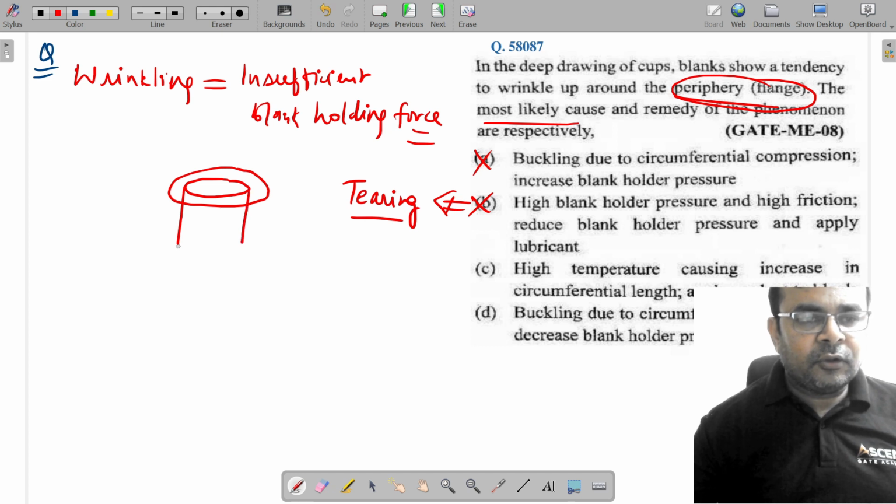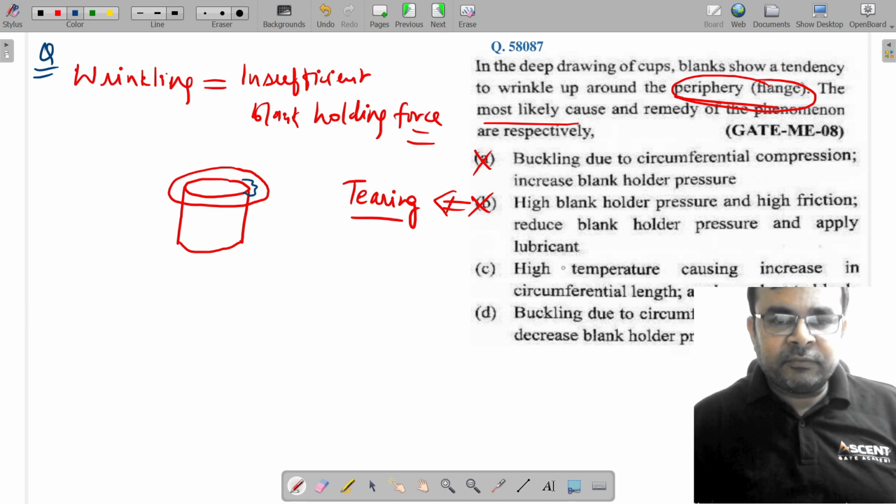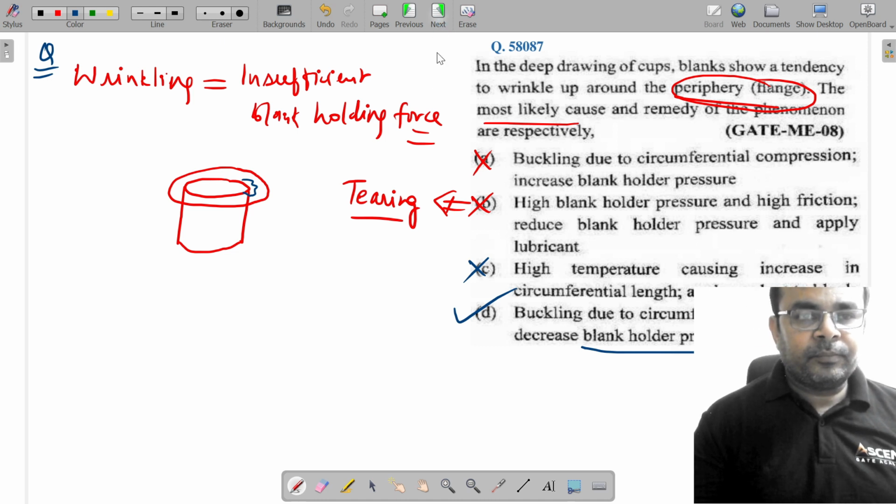Sometimes when you have very high blank holding force, some tearing takes place between the flange and the wall of the cup. High temperature causes increase in circumferential length. This is an incorrect answer. Buckling due to circumferential compression decreases with blank holding force. Yes, this is the right answer.